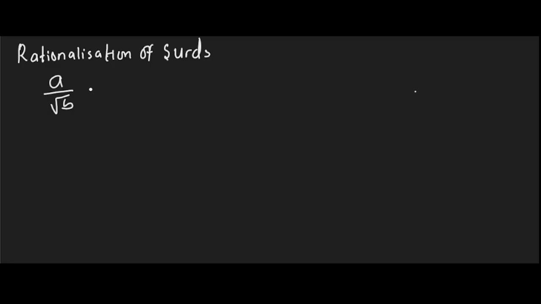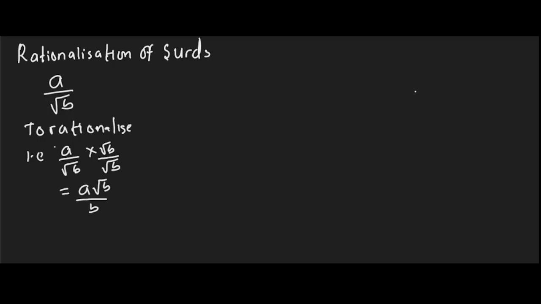And how do we do that? We multiply the numerator and denominator by root b. That is, we have a over root b times root b over root b. This will give us a root b over b. In this case, we have rationalized this surd. Rationalization of surd is applied when one is dealing with division of surd, because it is one of the approaches used when dealing with division of surd.